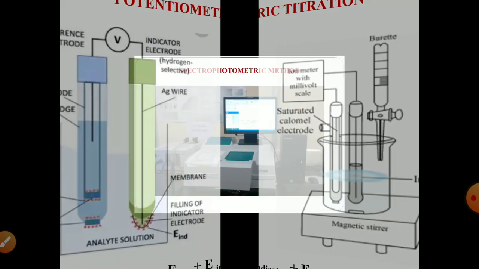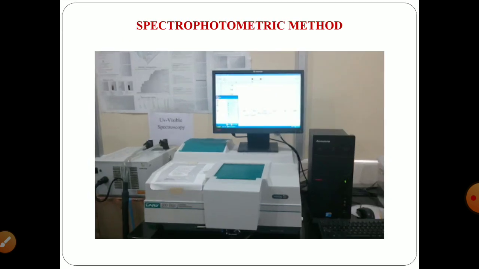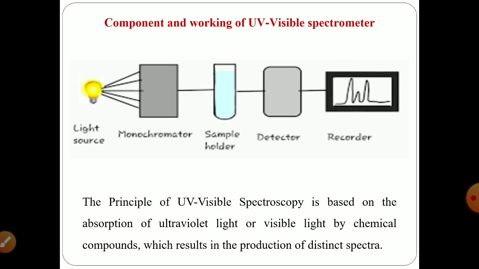The next method by which you can determine your dissociation constant is the spectrophotometric method. In this method, you are going to utilize the principle of UV visible spectroscopy, which is based on the principle of absorption of ultraviolet light or visible light by your chemical compound, which results into production of distinct spectra.